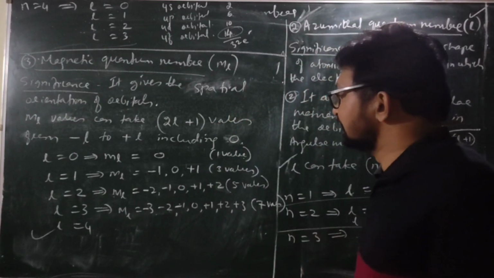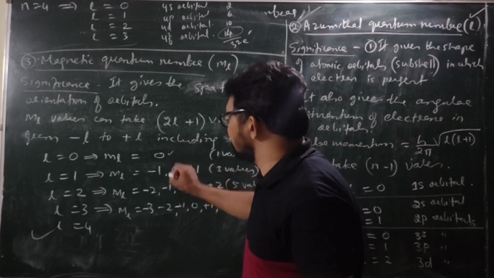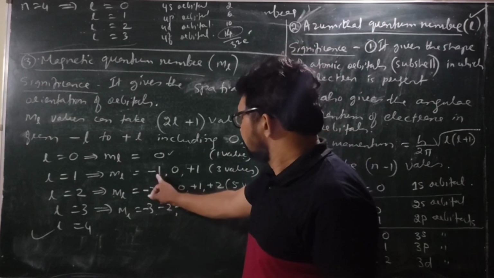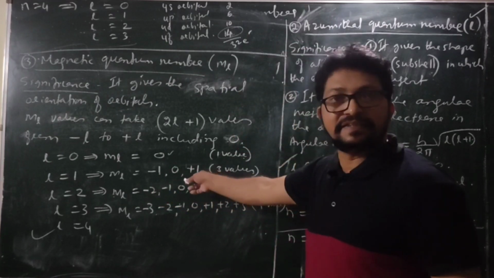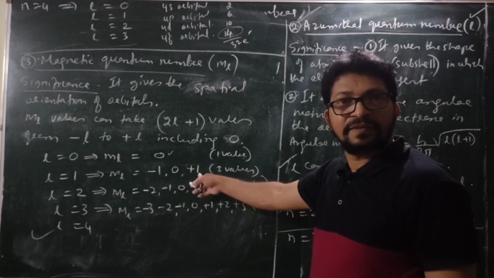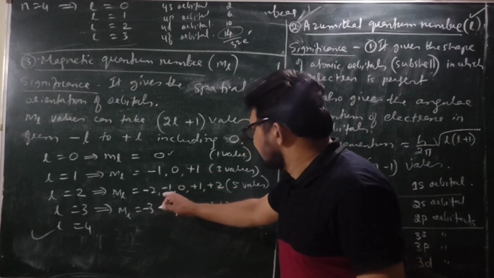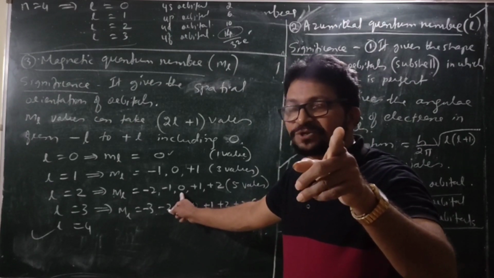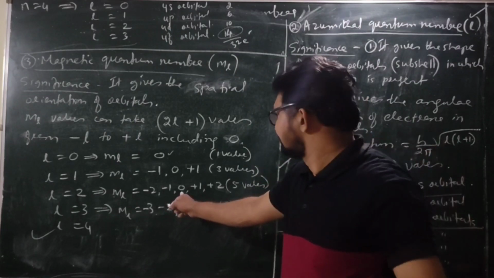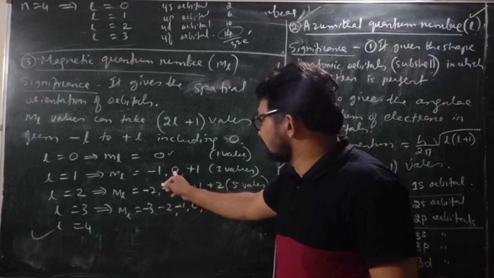Okay, now I'll tell you in detail. s orbital, only one value. Px, Py, Pz. Correct? Dxy, Dyz, Dz square. 0 stands for the internuclear axis. Here again I told a mistake.